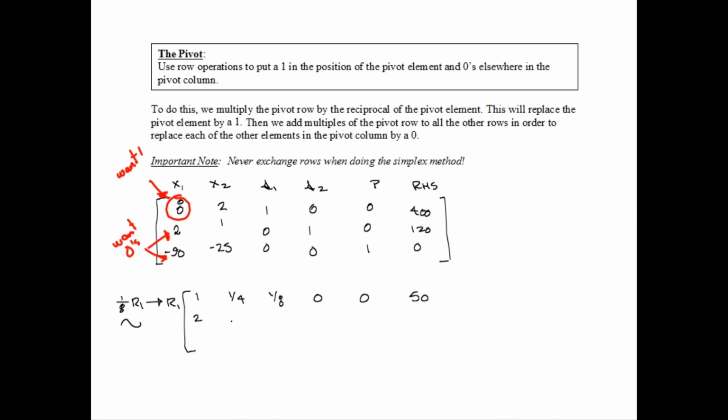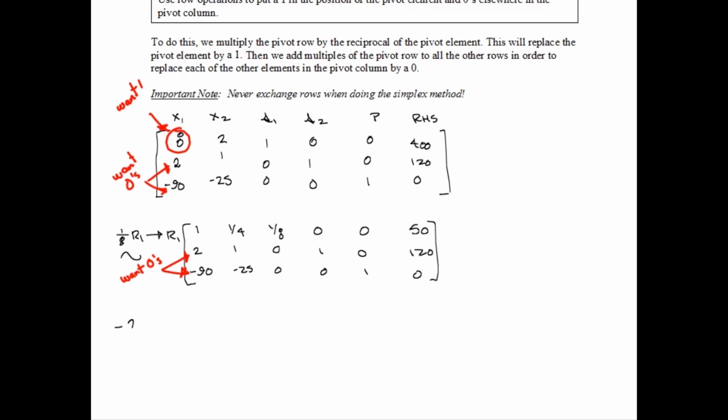I'm going ahead and recopying the second and third rows for now. And then we need to get zeros in the places that we want. So we want zeros here. To do that, we're going to take -2, multiply by the row with the leading 1 that we just placed there. So that'll be row 1, add it to row 2, and put it back into row 2. We're also going to take the opposite of -90, which will be +90, times the row with the 1 in it, add it to row 3, and then back into row 3.